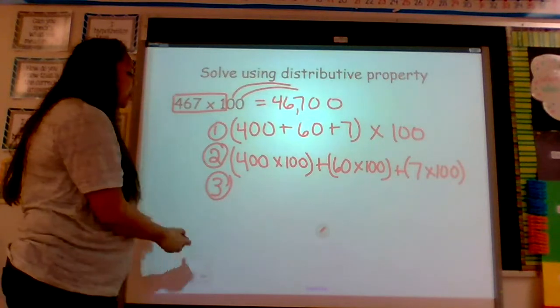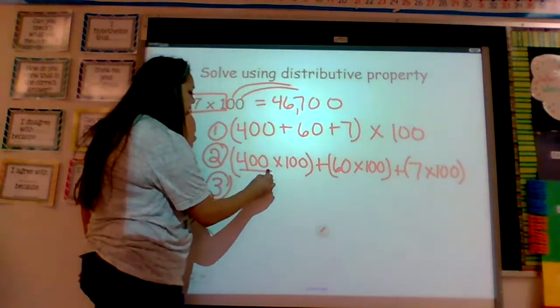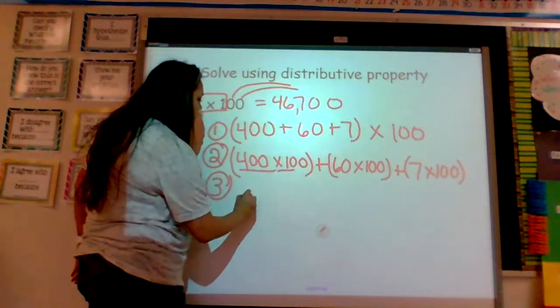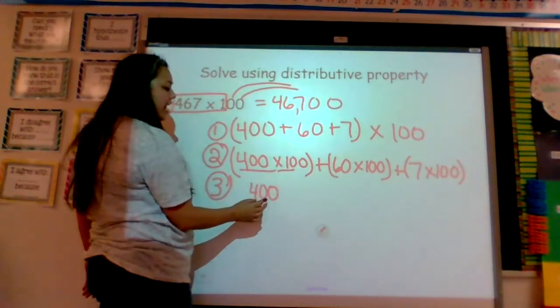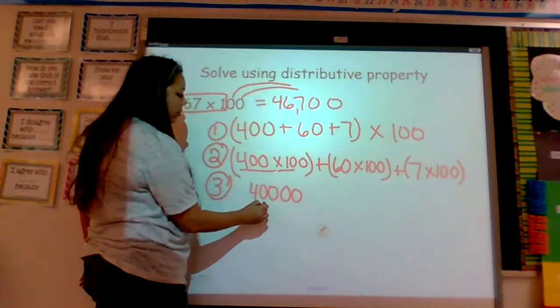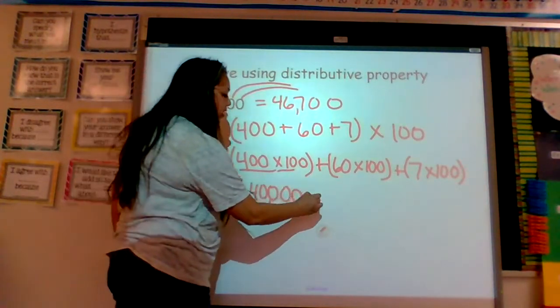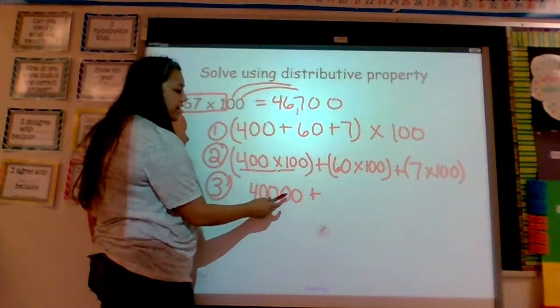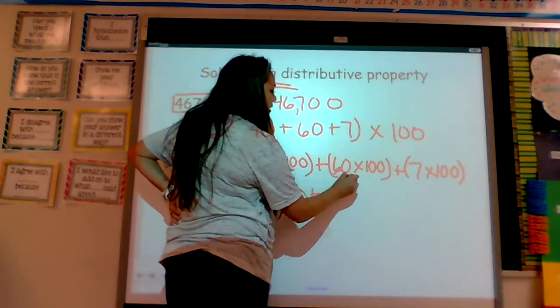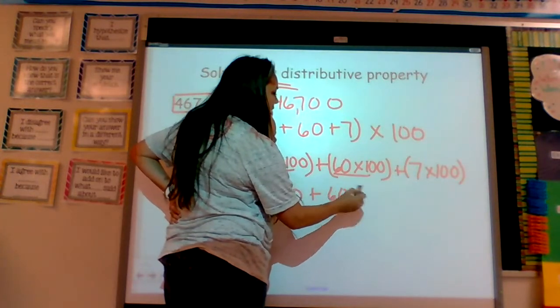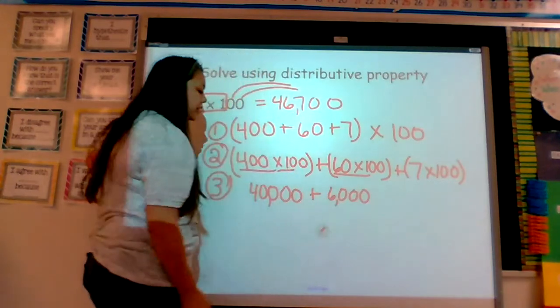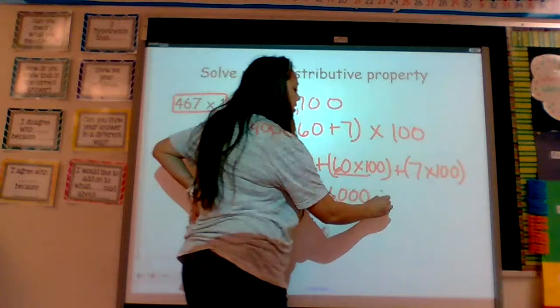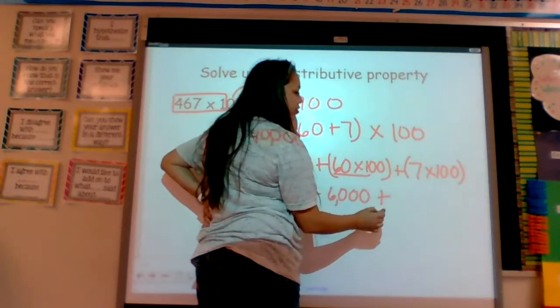And we know that you take this number times 1, and we get 400. And since we're multiplying by 100, we got to add the 2 zeros. Woo, big number there. Plus, so that's 40,000 plus 60 times 1 is 60, bringing down my 2 zeros from my 100. 6,000 plus 7 times 100.